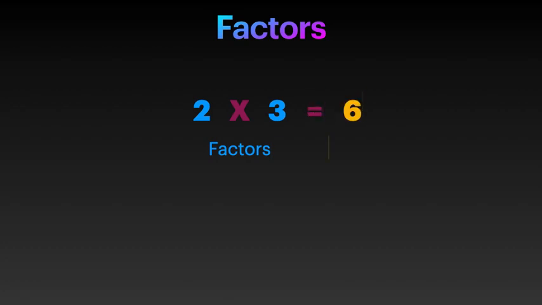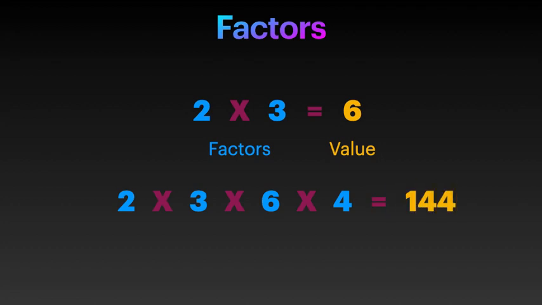Now we are going to have a look at what factors are. If we express any number as a product of some other numbers, we call them factors of that number. Here we have 2 times 3 equals 6. 2 and 3 are factors. 6 is the value.